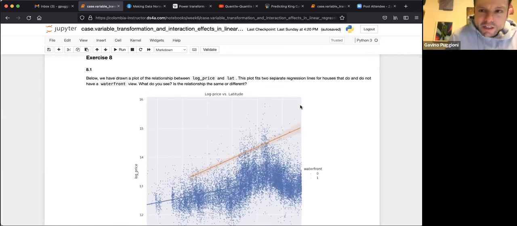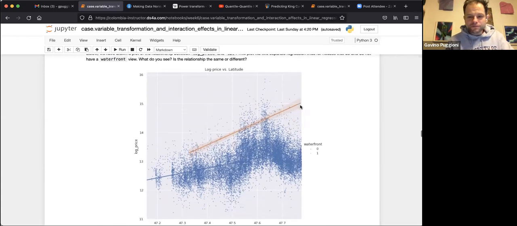So this is equivalent to running 2 separate regressions, one for the group that has waterfront and the other one for the group that does not have a waterfront. So here in blue, we see, of course, that the houses with waterfront are a minority, and they are the dots in orange.